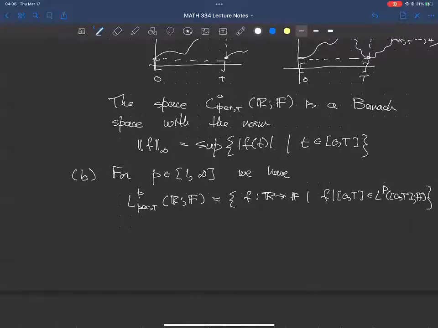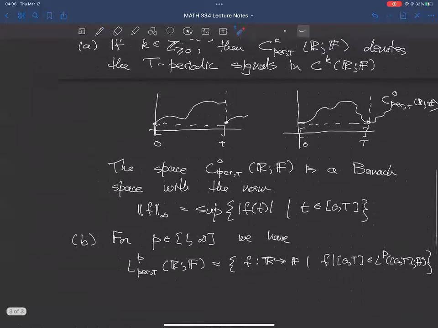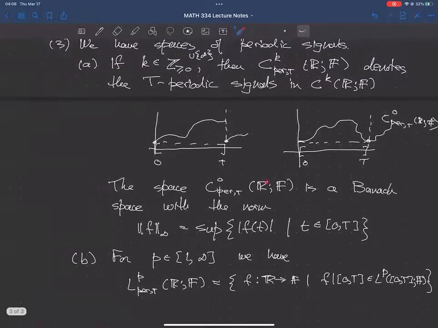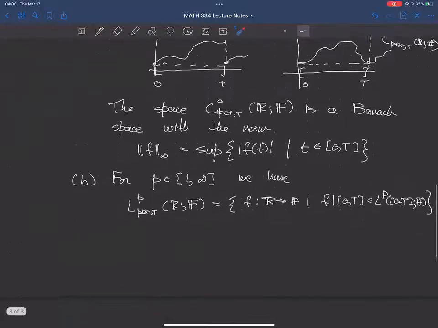And so on each period, you're in LP. It doesn't matter if you include the endpoint. In the case of C0 or higher regularity, at the endpoints you do have to worry about this, but in LP, it doesn't matter.